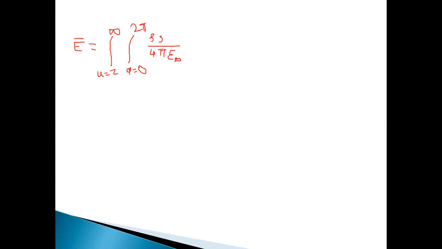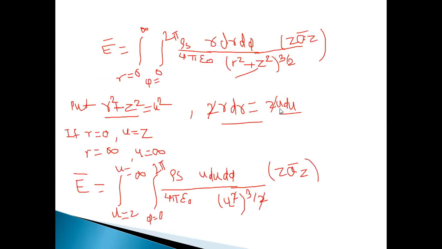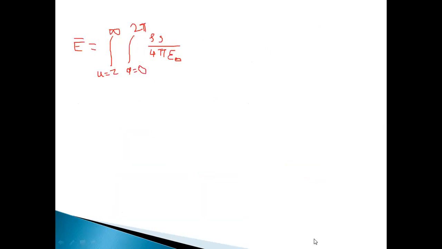And what remains here? The u in the numerator and denominator cancel, so only du d phi, into the bracket z a bar z divided by u square.